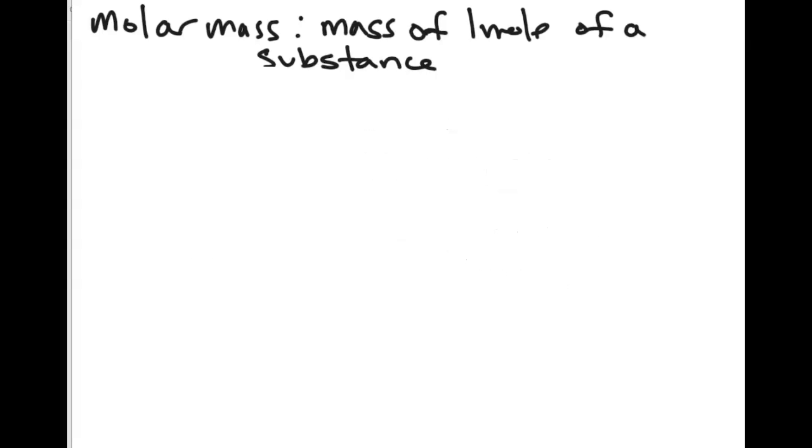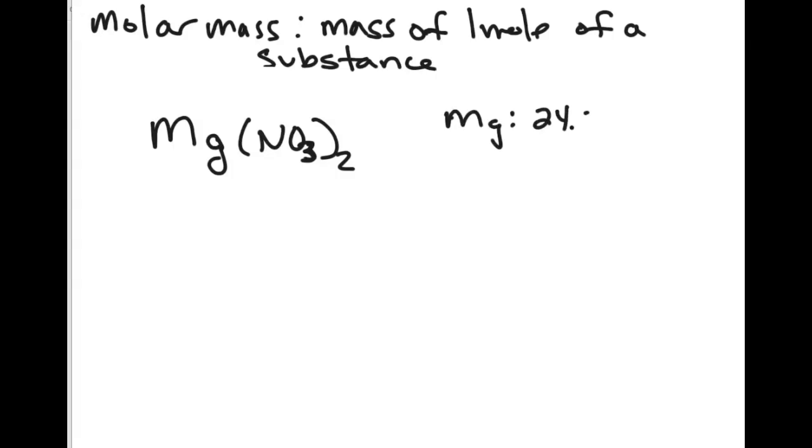Suppose I give you one now where we have, let's say, magnesium nitrate. So it looks like this. In order to add this up, magnesium's mass is 24.3, nitrogen is 14.0, and oxygen is 16.0, but we need to understand how many of each of these things we have.